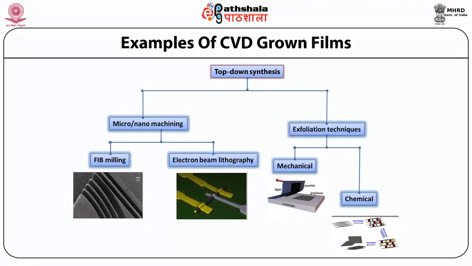So let us now discuss the top-down synthesis. Now there are two types of top-down synthesis, that is micro-nano machining, and next is the exfoliation techniques. And again, micro-nano machining are of two types, that is FIB milling and second is electron beam lithography.